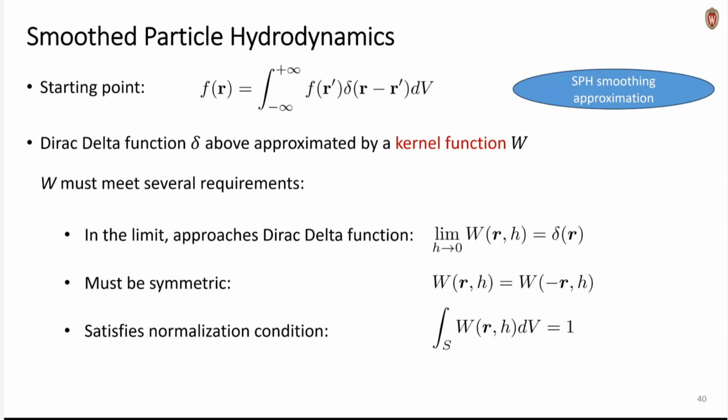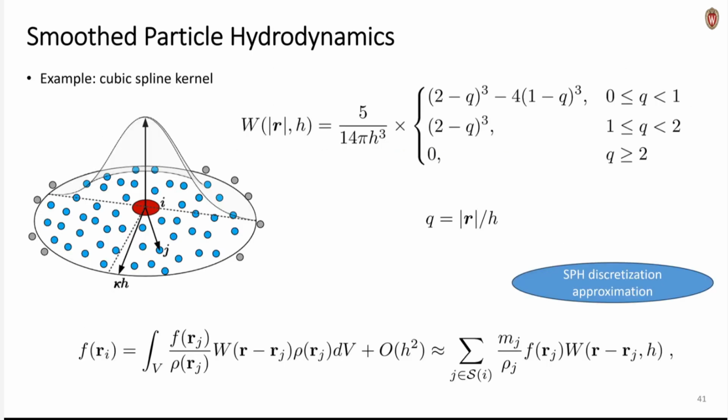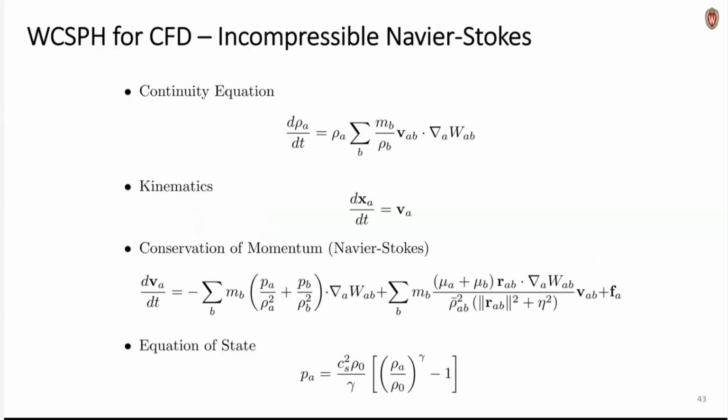SPH is one such method that approximates the continuum field with particles that carry information, and from the information carried by each particle, you can always evaluate field values or derivatives of the field values at any point, and so you can semi-discretize your PDEs.